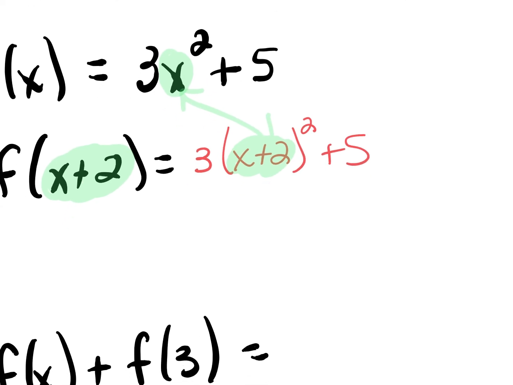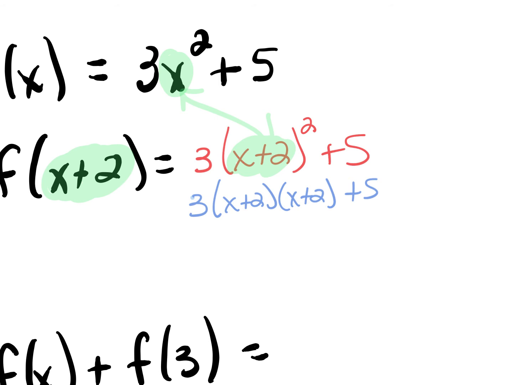And then now we're going to simplify. We're going to evaluate. If I have x plus 2 quantity squared, that means I have 3 times x plus 2 times x plus 2, and then I have plus 5. So what we're going to do is FOIL this first, then we're going to multiply by the 3, then we're going to add the 5 at the very end.